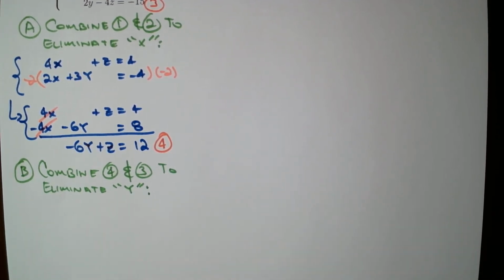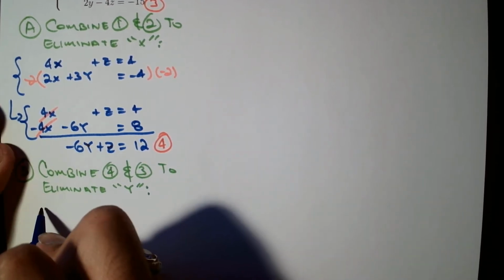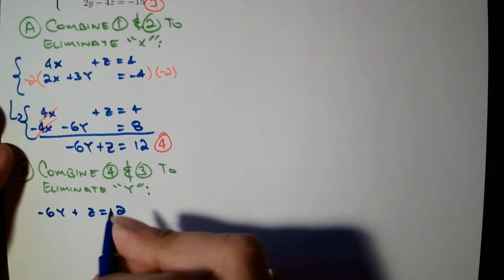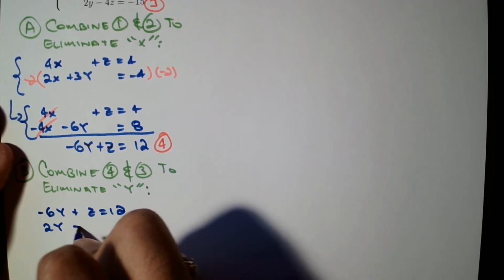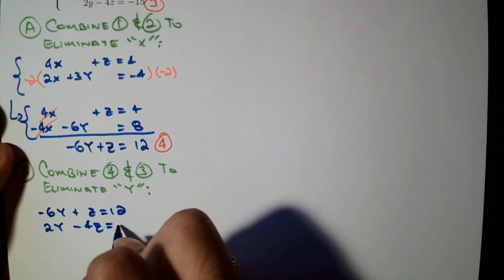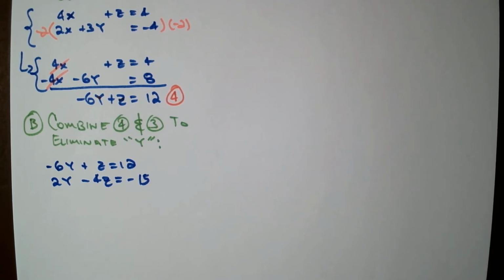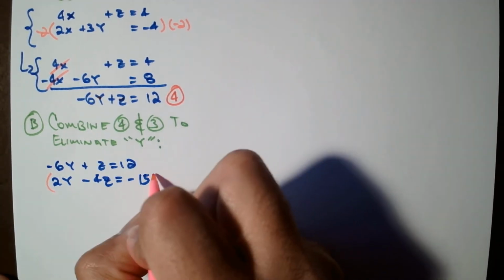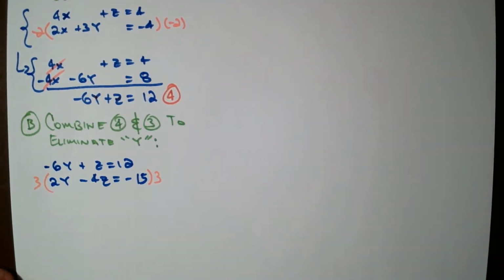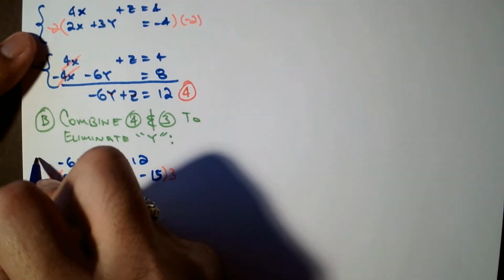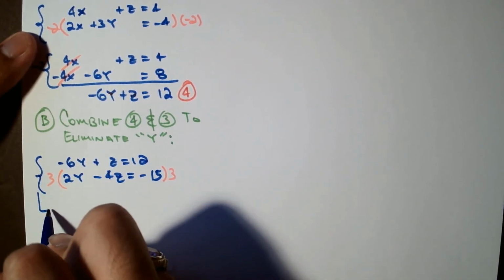So let's see. Equation 4, which is negative 6y plus z equals 12, and 2y minus 4z equals negative 15. Our goal is to eliminate y. So on the second equation, multiply both sides by 3. That way the coefficients of the y variable become opposites of one another, and we can eliminate.